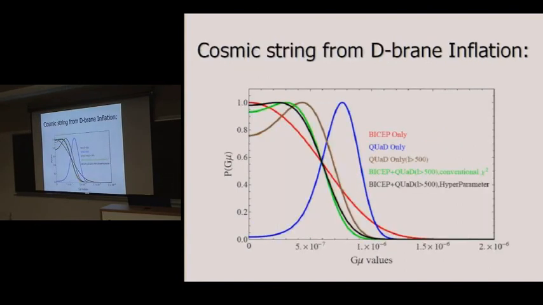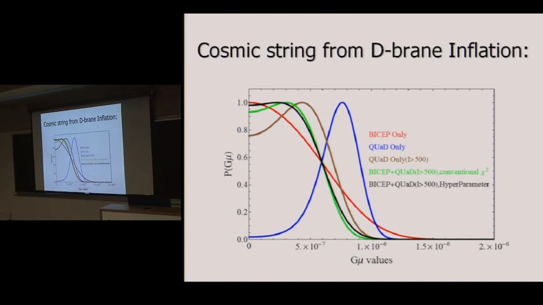And if you constrain the cosmic string tension from these data sets, you see that the BICEP data gives a pretty good upper bound on the G mu value, less than 10 to the minus 6. But if you use QUaD data, you get a very strong peak here.